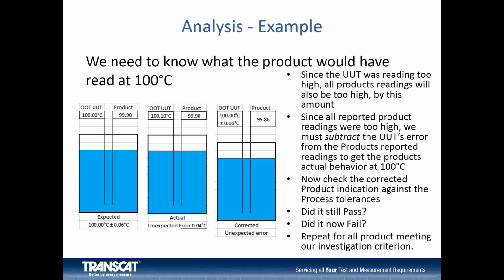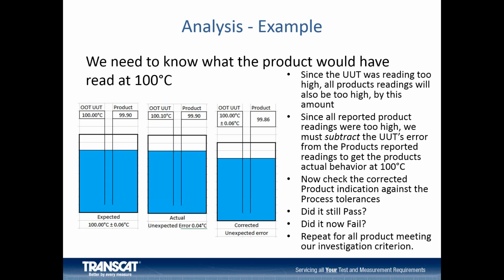Okay, this is where a little bit of this uncertainty stuff comes into play. You selected this thermometer because it had an accuracy of 0.6 degrees. So you allow your process to wander plus or minus 0.06 degrees, and it's okay. That's fine. But it wandered more than the 0.6. It wandered 0.4 beyond your 0.6 limit, right? That's the unexpected error.